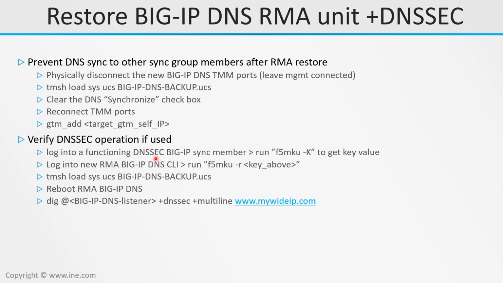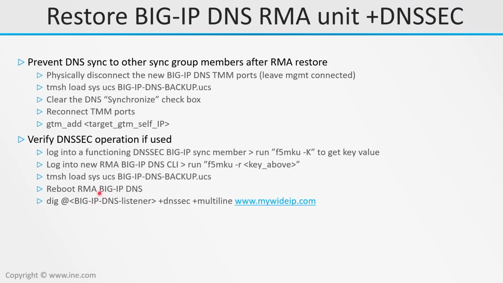This is a DNS box that has DNSSEC. Run the f5mku -K command to get the master key value, and then log into our new RMA unit and install that key using the f5mku -r command. Then we load the UCS file, reboot the platform, and then we can validate the DNSSEC operation using a dig to that specific listener.